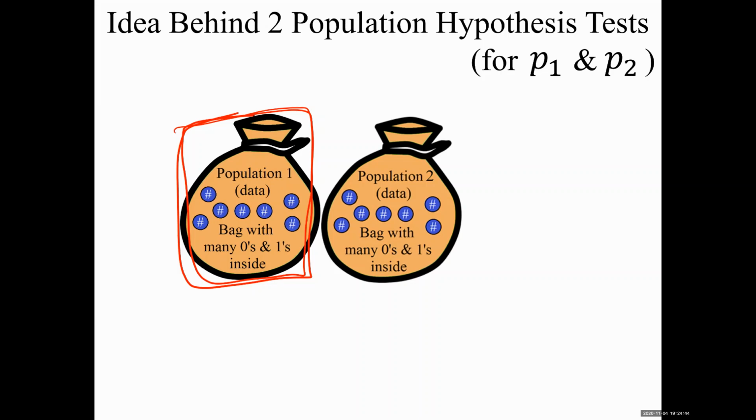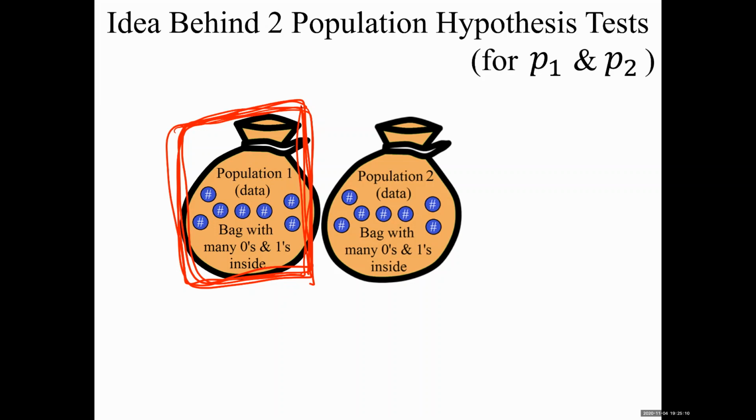So all their answers are going to be yeses and nos, and this is the bag filled with all their answers. But in reality, this is an imaginary bag because we don't actually talk to all Rio Hondo students. But you can imagine if we had talked to all Rio Hondo students, all their answers are in this bag. Then maybe I want to know the percentage of PCC students that are married. So it's another percentage, and now it's another big group, right? All PCC students.